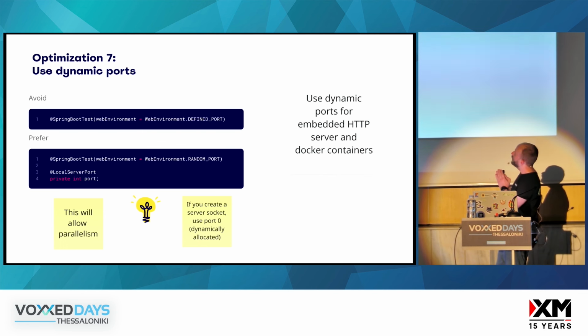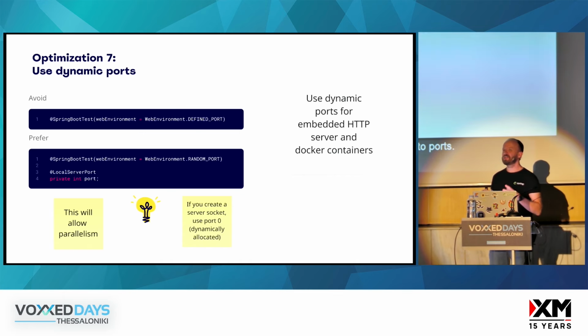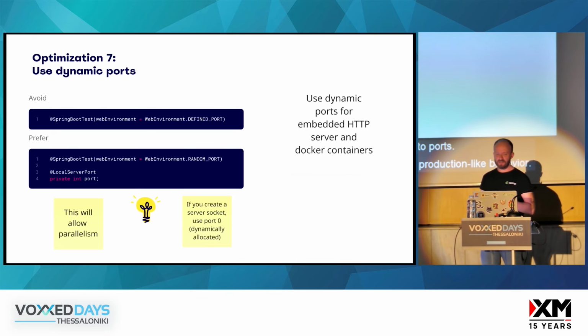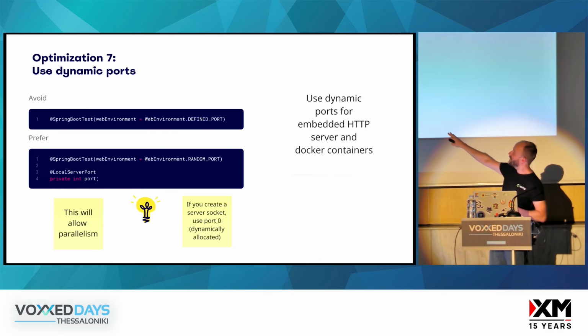Okay, one more optimization is related to ports. It's pretty convenient to use fixed ports because it simulates more production-like behavior. But the idea is to prefer random ports. If we are talking about Spring Boot tests, we have a special parameter for this. It's called web environment. And in the integration test, you can obtain the real port that you can use.